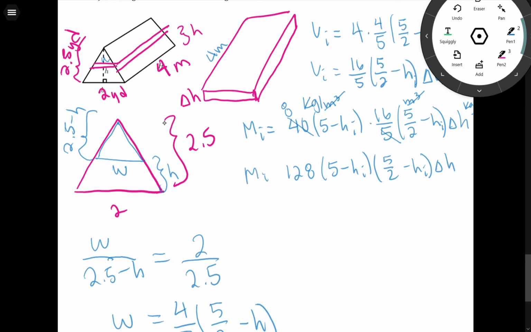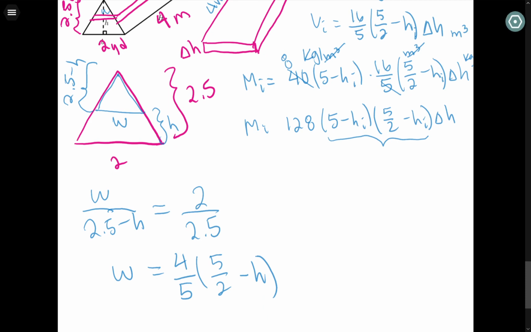So to integrate, I'm going to want to multiply that out. So I see a 25 over 2 outside, minus 5h minus 5 halves h, so it's 7.5, so it's negative 15 over 2 h sub i, plus h sub i squared.